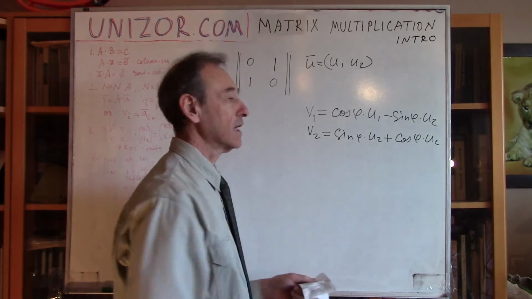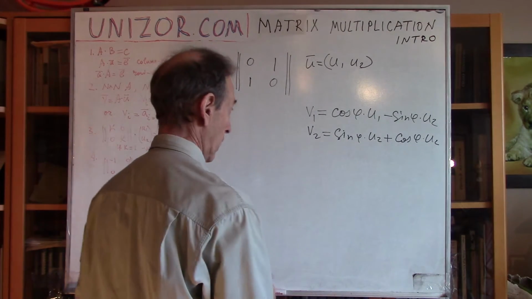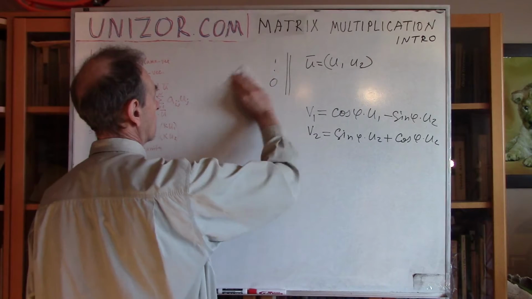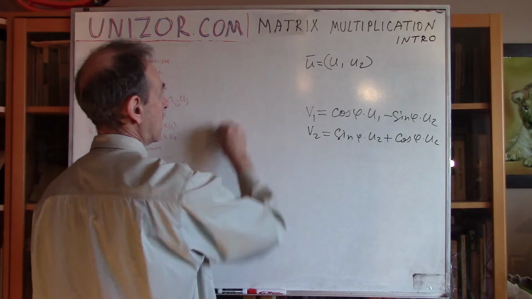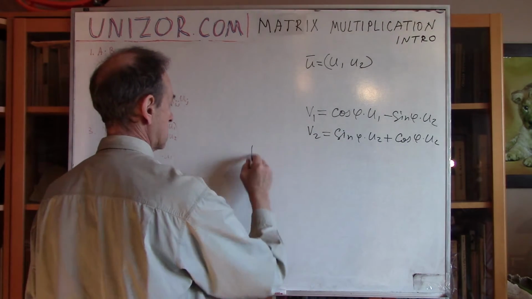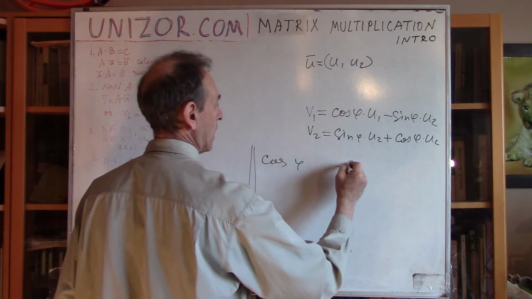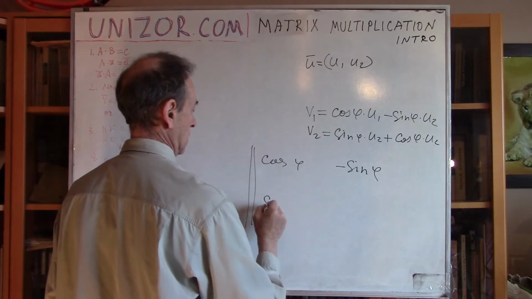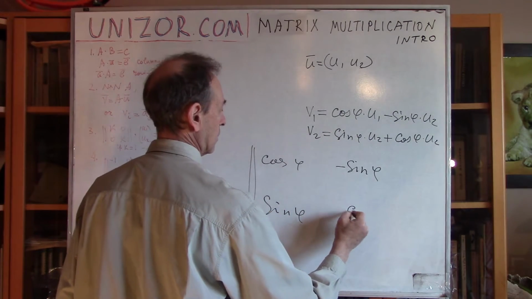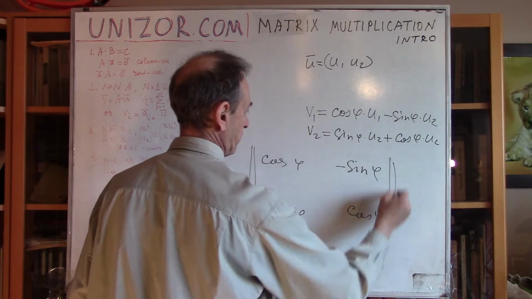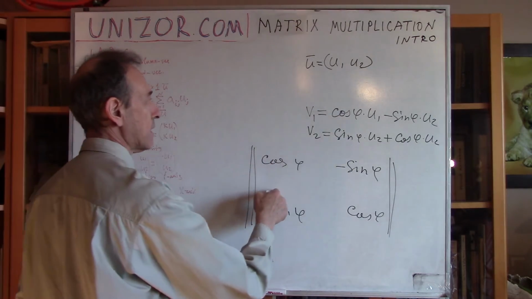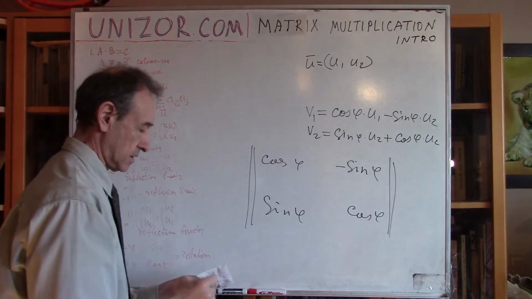Now, can I specify it in a matrix format? Well, obviously, yes, I can. This is the matrix: cosine phi, minus sine phi, sine phi, cosine phi. If I multiply this matrix by this vector, I will get this vector, right?